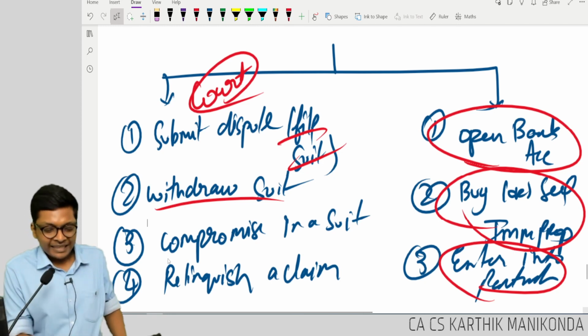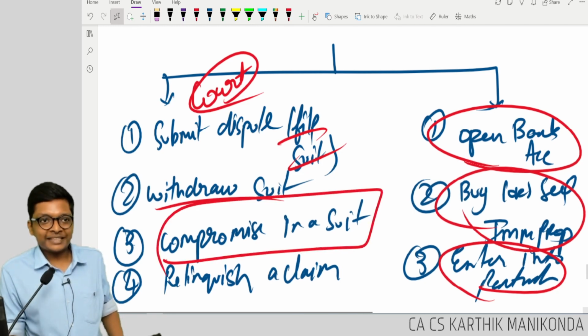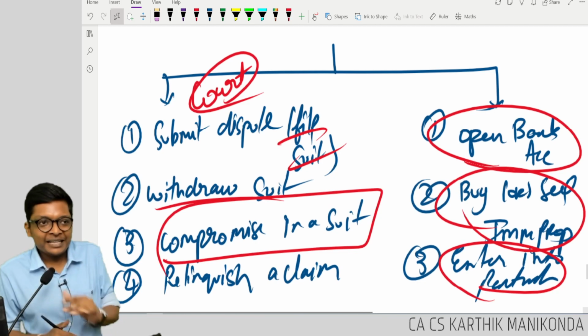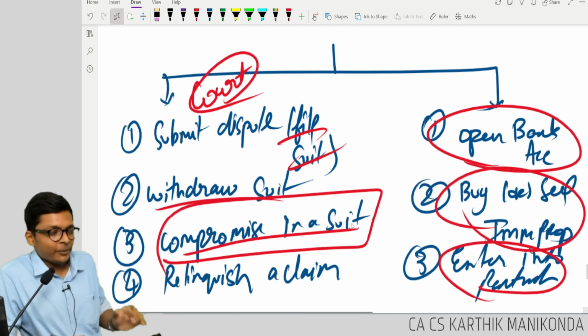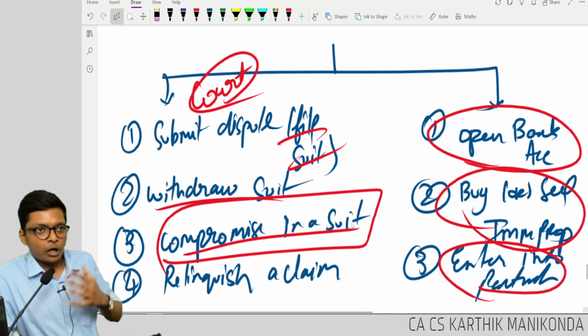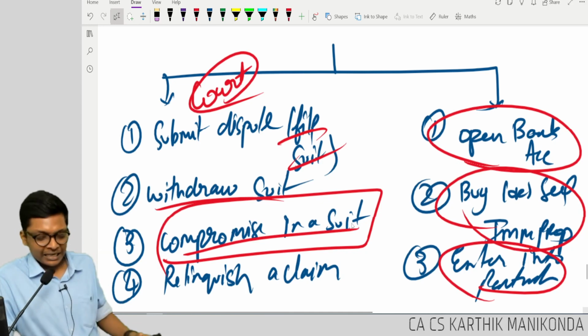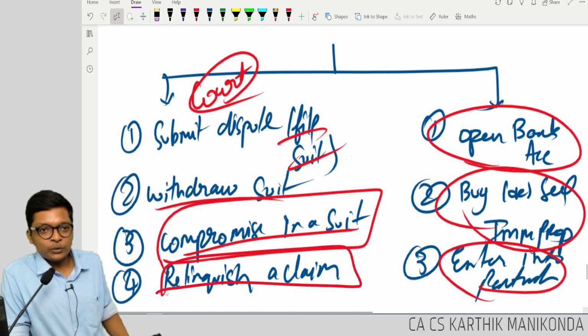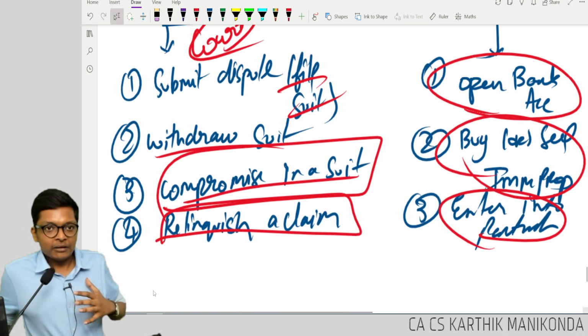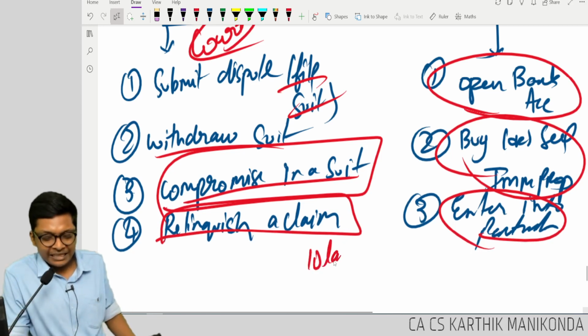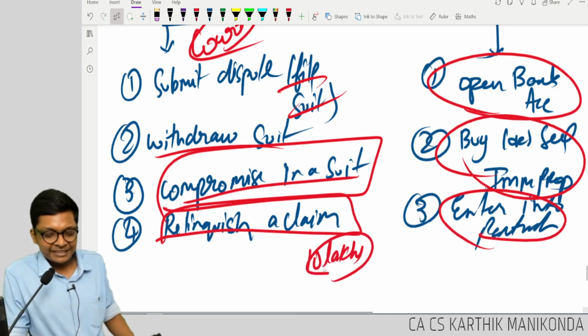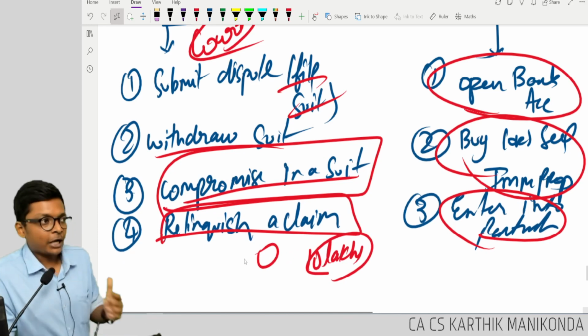Next, one case is going on. You are saying, okay, let's settle, let's close the case. That is called compromise in a suit. You can't go for compromise in a suit. And lastly, relinquish a claim. That means I am supposed to receive 10 lakhs in the case. I am saying don't pay. Are you following, guys?